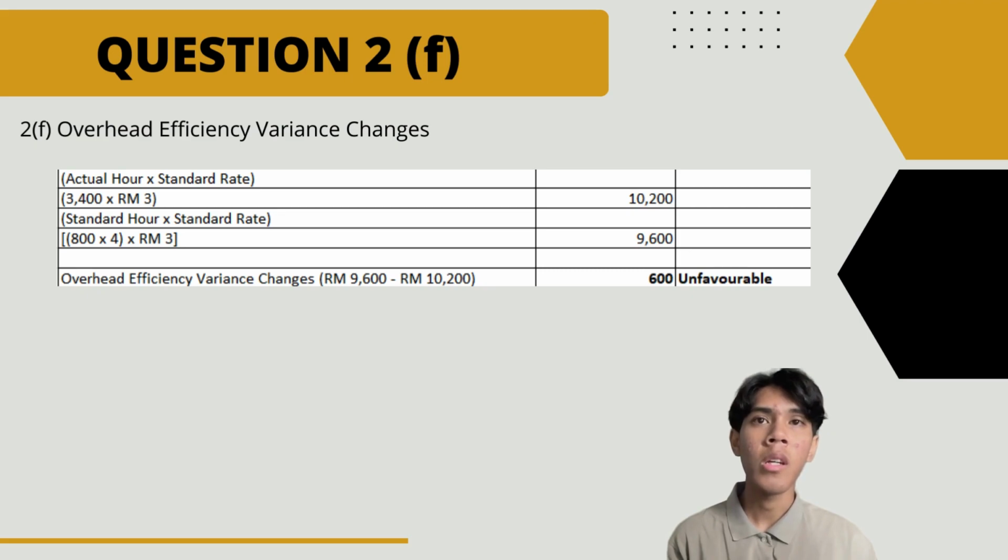Then we need to calculate standard hour times standard rate, which is 800 times 4 times RM 3 ringgit, and we get 9,600. And from this we can minus 9,600 by 10,200, we get 600, which is unfavorable.